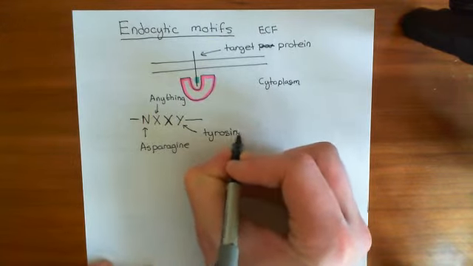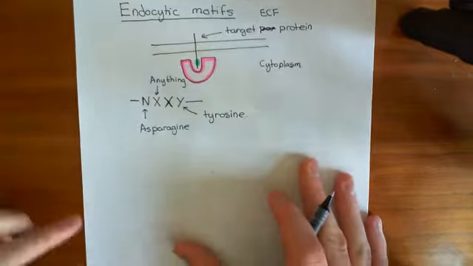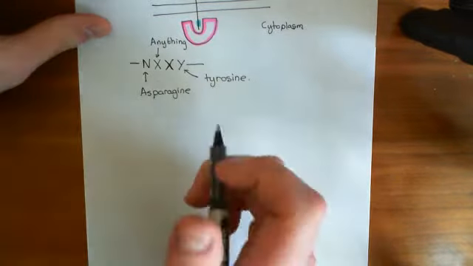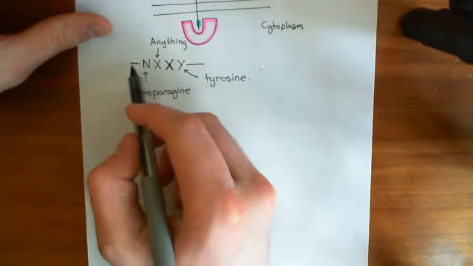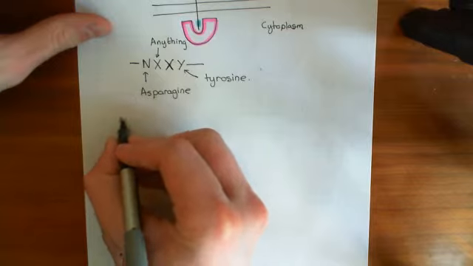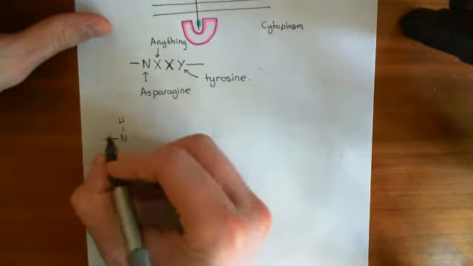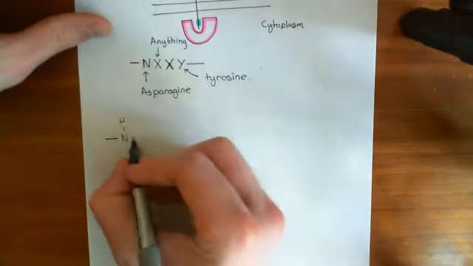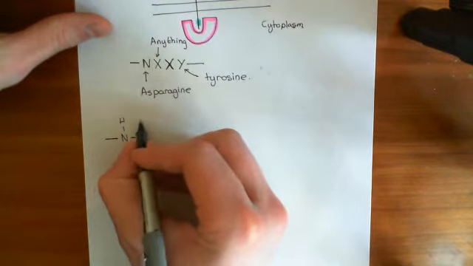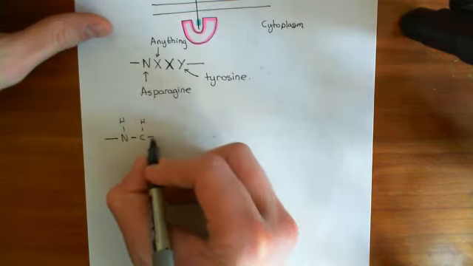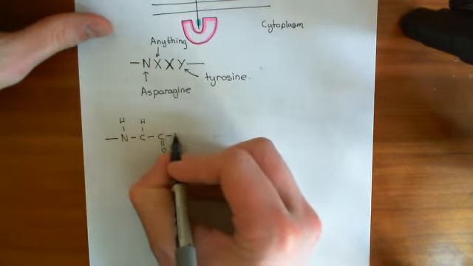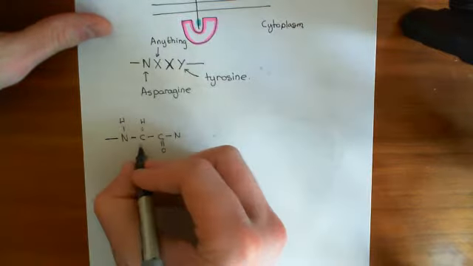Let me show you the structure of these two amino acids, the asparagine and then the tyrosine. The asparagine is at the amino terminus here. Here's its amino group, which will be linked to the polypeptide up here. Then we have the alpha carbon of this asparagine residue with a hydrogen. Then we have the carboxylic acid group here, which will be bound in a peptide link to the next amino acid along.